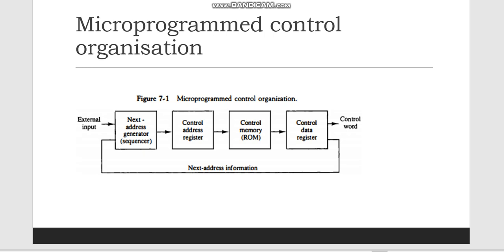A control unit whose binary control variables are stored in memory is called a microprogrammed control unit. Each word in control memory contains within it a micro-instruction. The micro-instruction specifies one or more micro-operations for the system. A sequence of micro-instructions constitutes a microprogram.